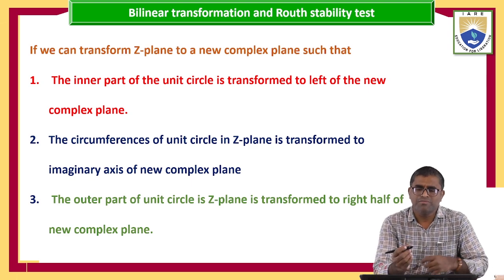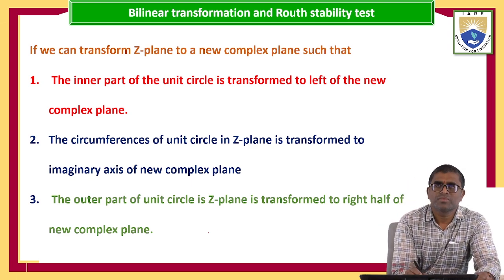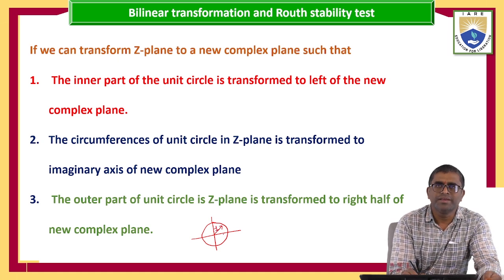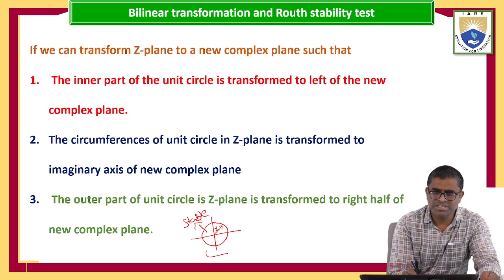Already we know the S-plane. In the case of a digital control system, if I take a unit circle, inside the unit circle it is stable. Outside the unit circle it is unstable.